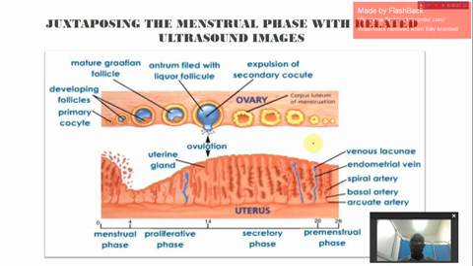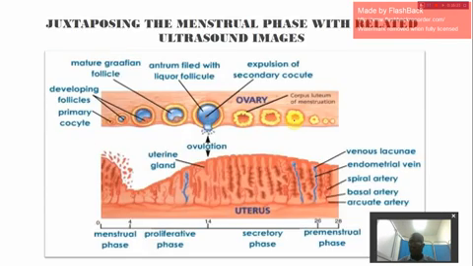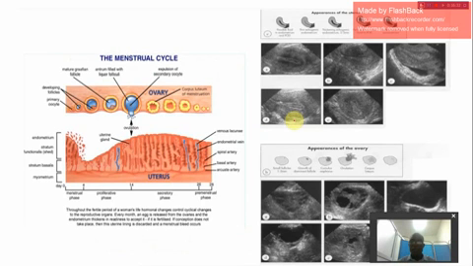So let's look at other juxtaposing of the images, looking at the stages and the appearance of the uterus. So at this stage is the endometrium at the early stage.